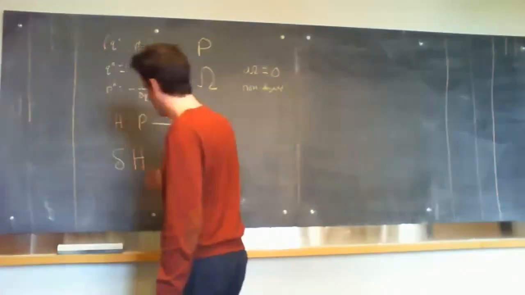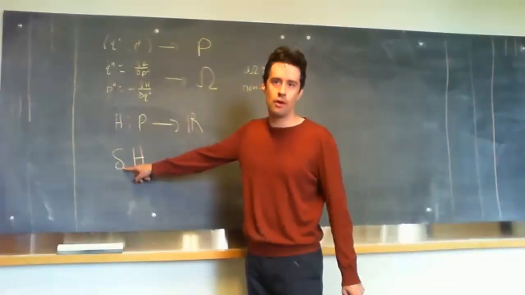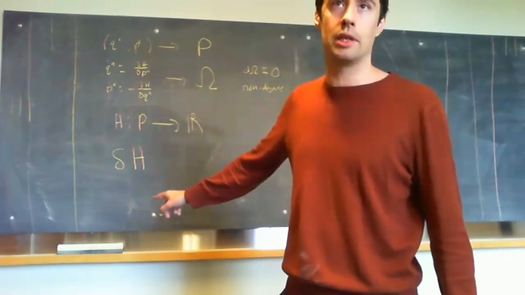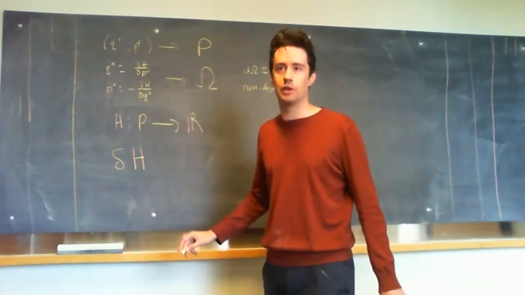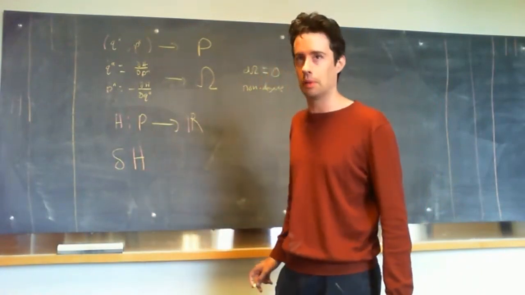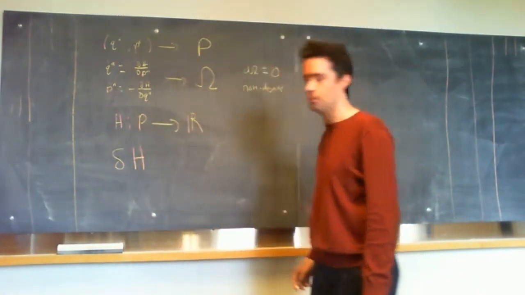So given this, I can define a gradient, which I'm going to write, for reasons that will be clear later, as delta H. This delta means the exterior derivative on phase space. I call it delta because later we're also going to have the exterior derivative on space-time, and so we need to be clear about which exterior derivative we're talking about. So given H, I can turn it into a one form.